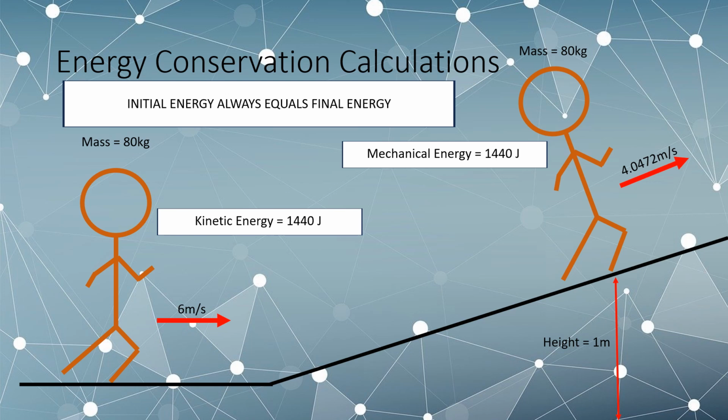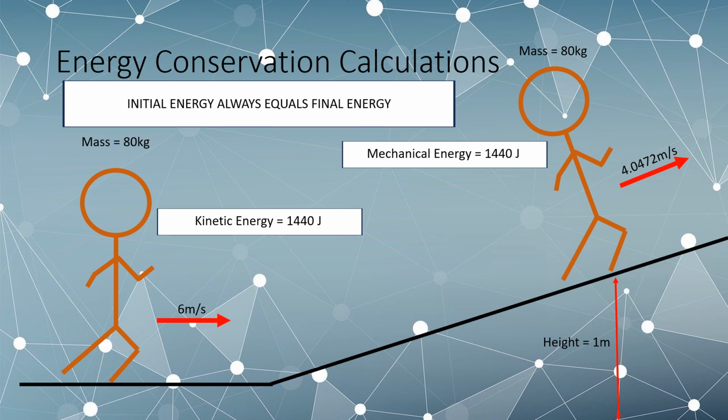This is where that core idea of energy conservation and the law of conservation of energy comes into place. If we look at our runner when he was on that flat, we had just kinetic energy and it equaled 1,440 joules. If we look at our runner up the hill, he has mechanical energy, but he still has that 1,440 joules. Initial energy will always equal final energy in these kinds of problems.